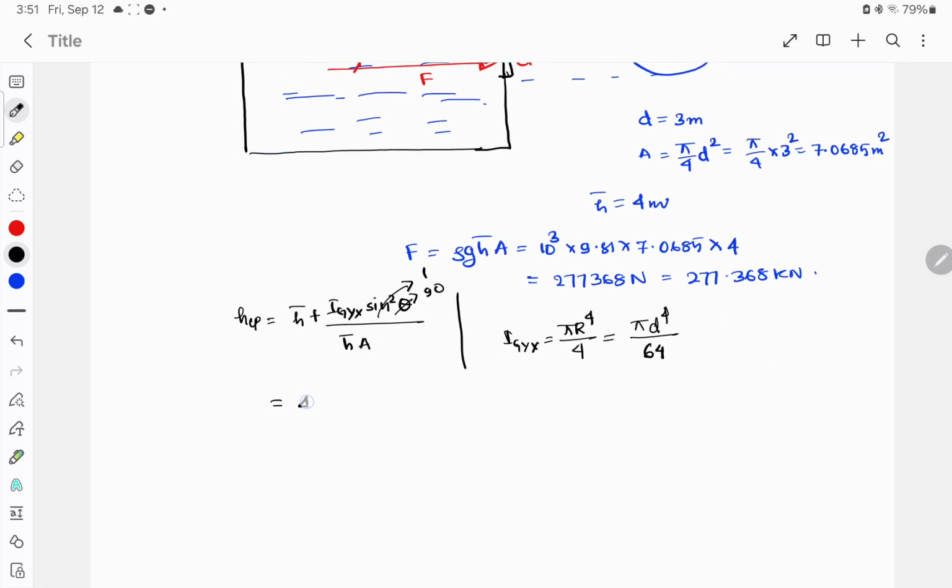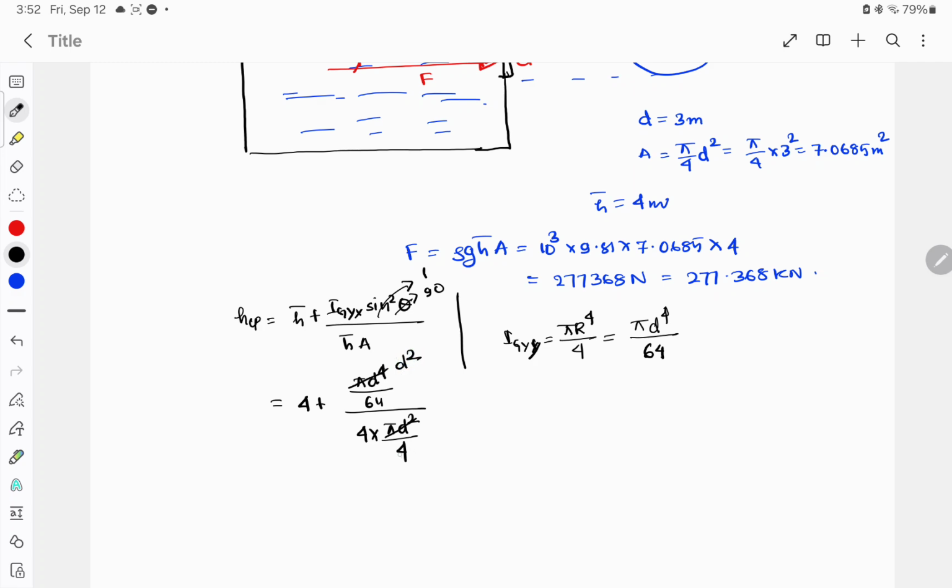So h bar we know is 4 meters. Ig yy is pi d to the power 4 divided by 64, and h bar is again 1, and area is pi d square divided by 4. So that's why I have not calculated it here, because pi d to the power 4 here, it will come out to be d square.